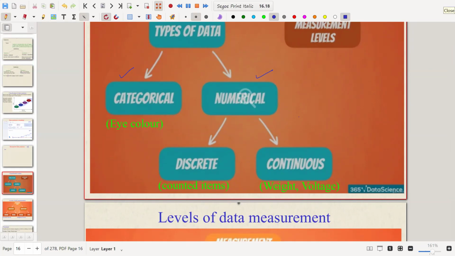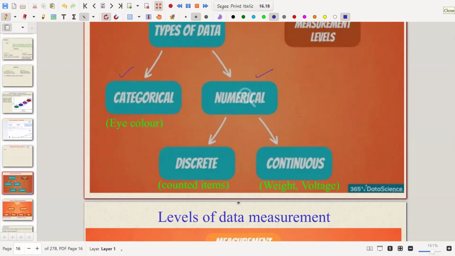When you accelerate, it is the rate of change of velocity, so velocity is changing in a continuous way. Voltage also is a continuous variable, because current is the rate of change of voltage, dV by dt, so voltage changes continuously. I hope it is clear.